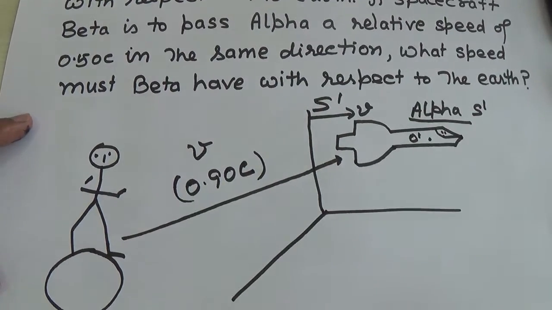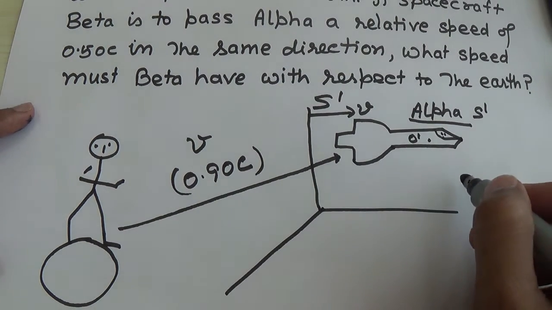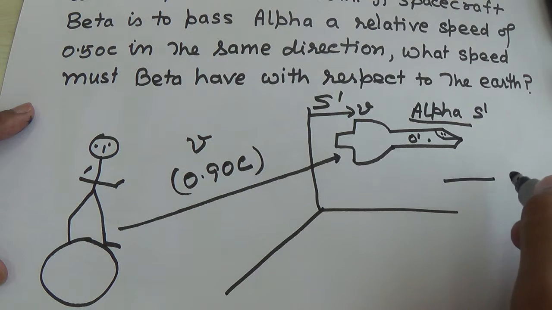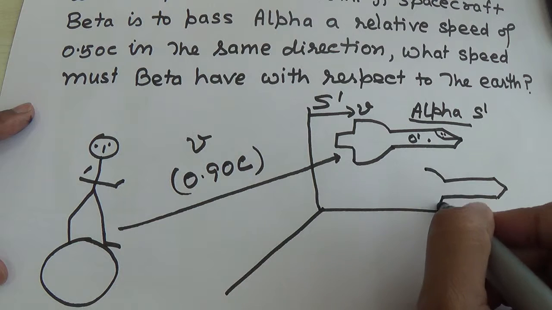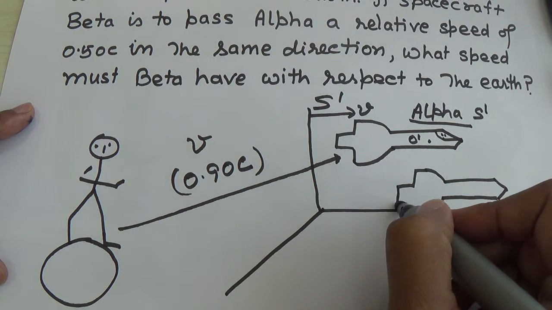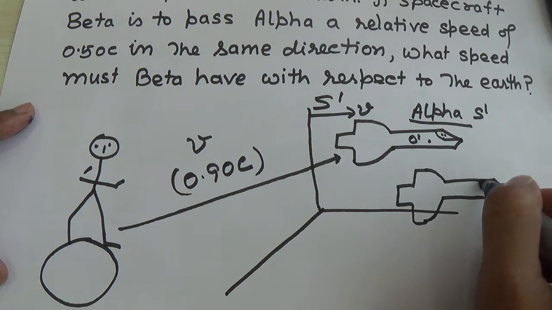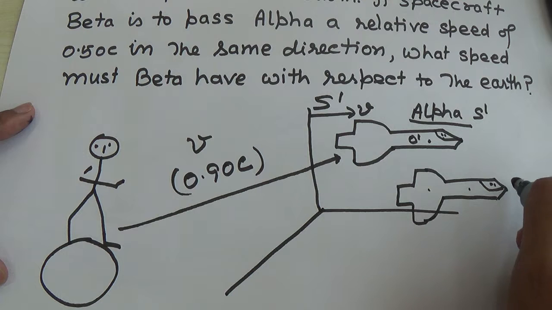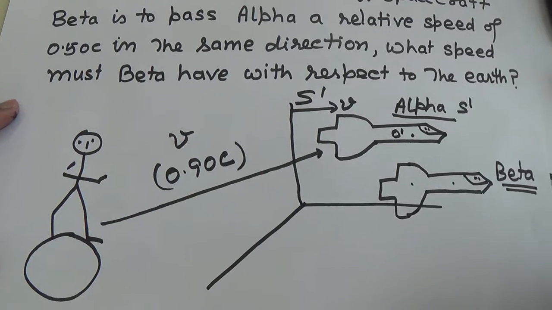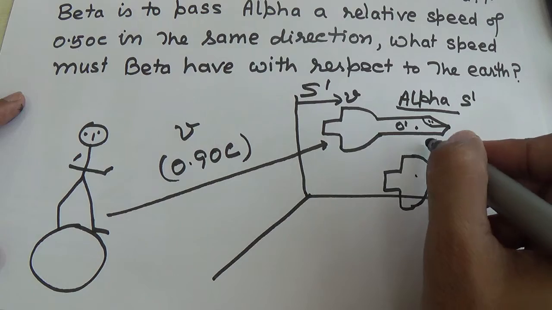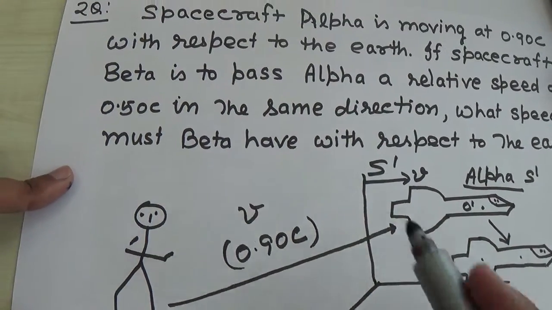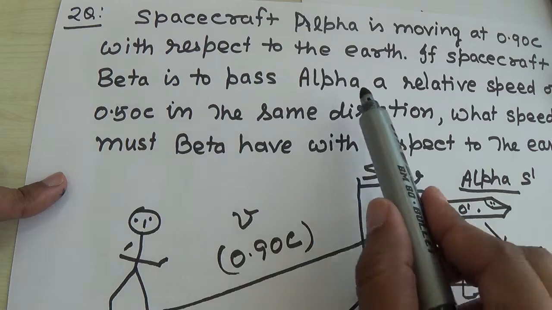Now there is a second spacecraft beta, another spacecraft, and there is also an observer, but that is not an important point. The speed of this beta spacecraft relative to frame alpha is given, that is 0.50 c.